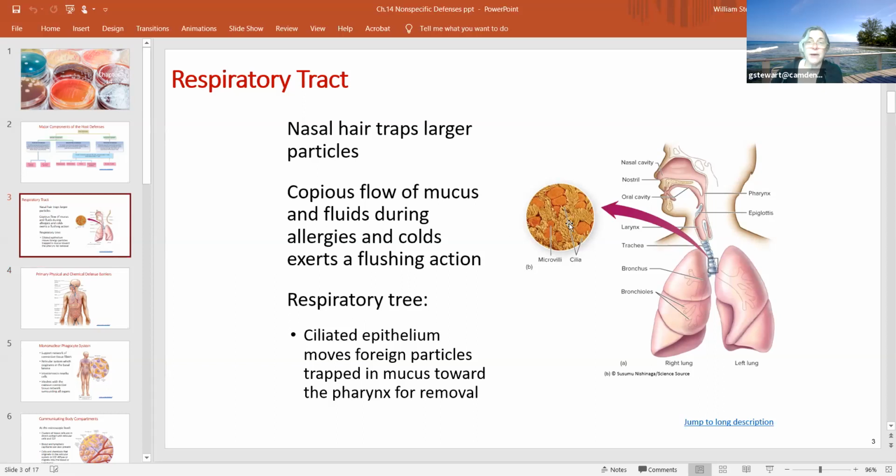Its job is to trap particles, and these cilia constantly beat upwards so that you can expel those particles, right? That would be an example of a physical barrier, because the mucus is moving, in this case upward. And it would also be an example of a chemical barrier, because there would be lysozyme in that mucus that would help kill the bacteria.